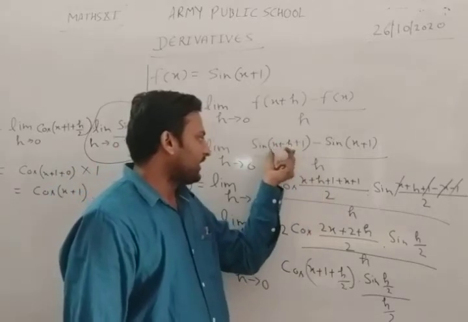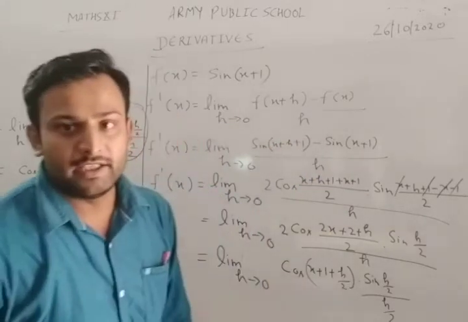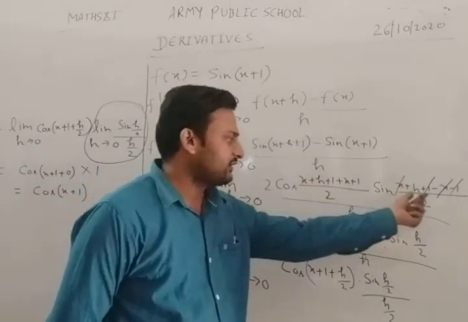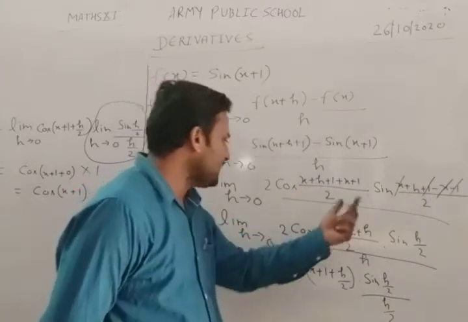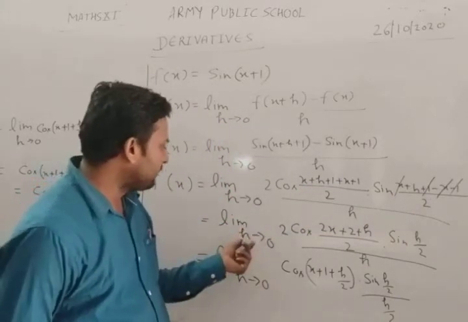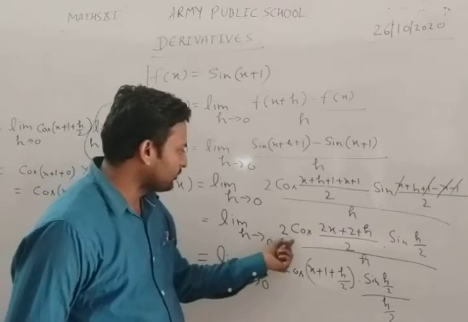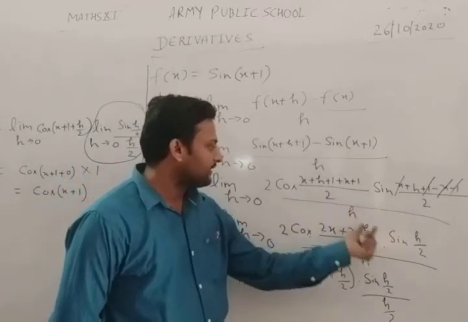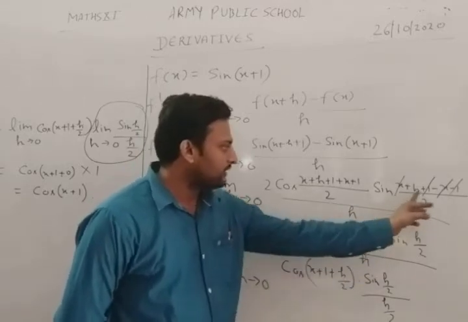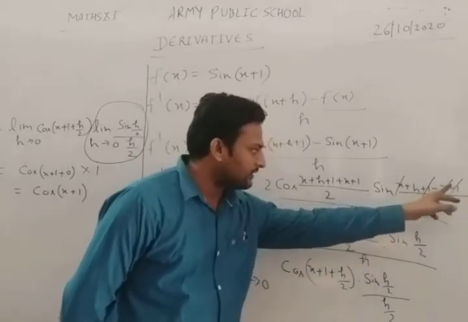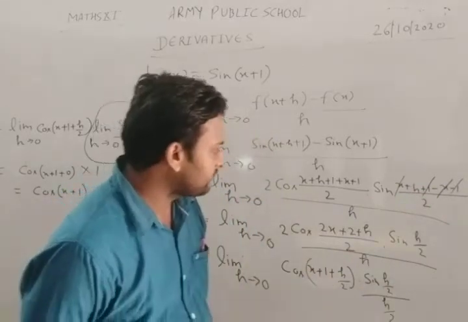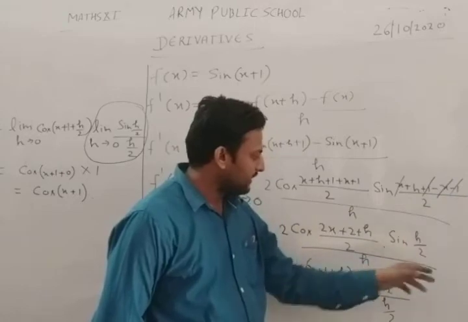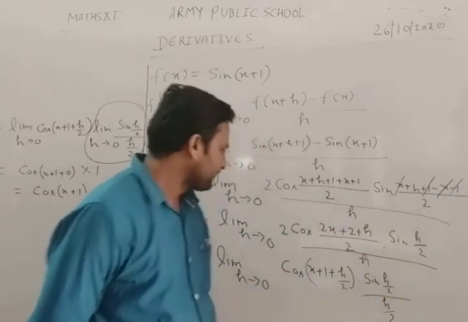Now this is sin c minus sin d, so we apply the formula: 2 cos((c + d)/2) into sin((c - d)/2), divided by h. Now we will simplify it. Limit h tends to 0, 2 cos, here x and x is 2x, 1 and 1 is 2, and this is h/2. The x with minus x and 1 with minus 1 cancel, and we get sin(h/2), and this is divided by h.